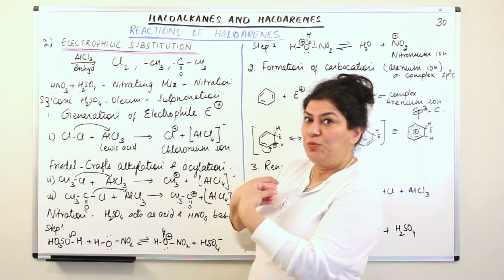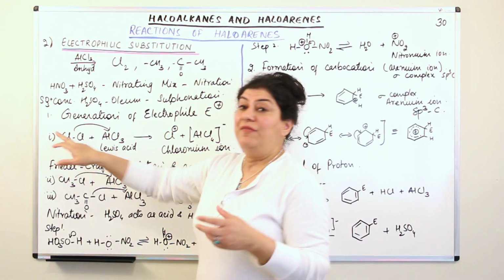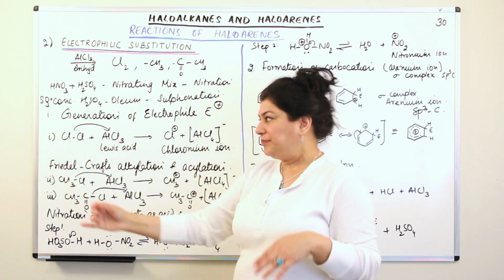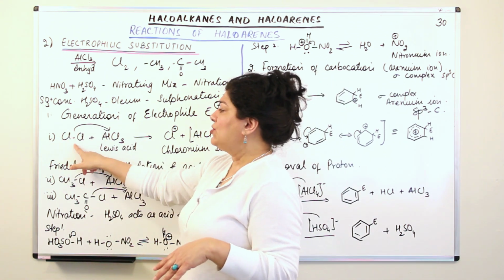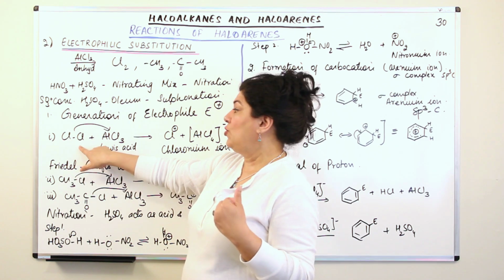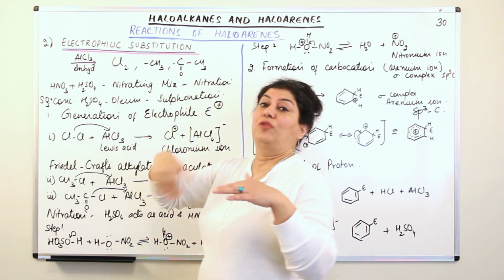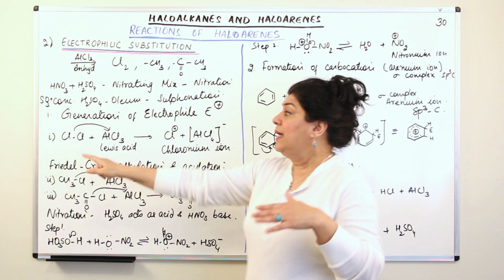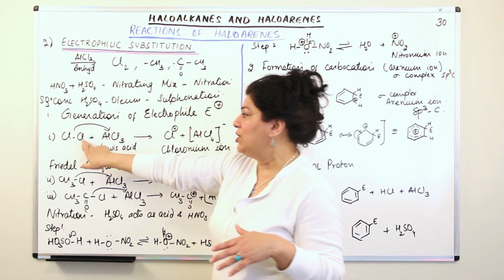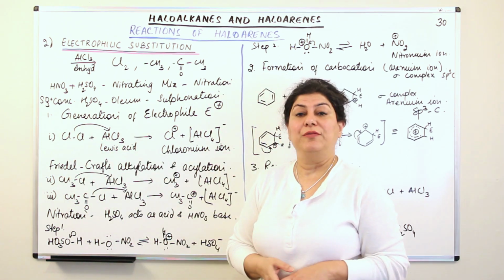The one that gains both the electrons, one was its own and one was the electron of the other chlorine, becomes negatively charged, and the other chlorine becomes positively charged.